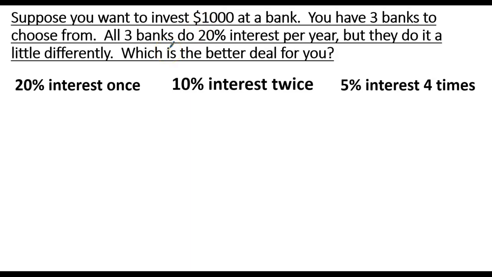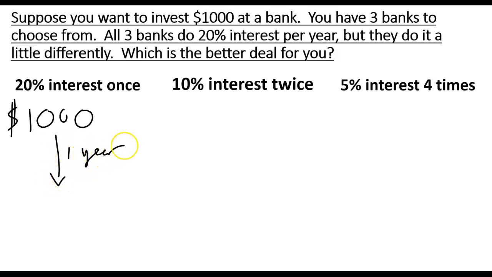So let's take a look at Bank 1. You're putting $1,000 into their bank, right? Now after 1 year goes by, you've still got your $1,000 after that 1 year. It's in the bank, right? It's not going anywhere.